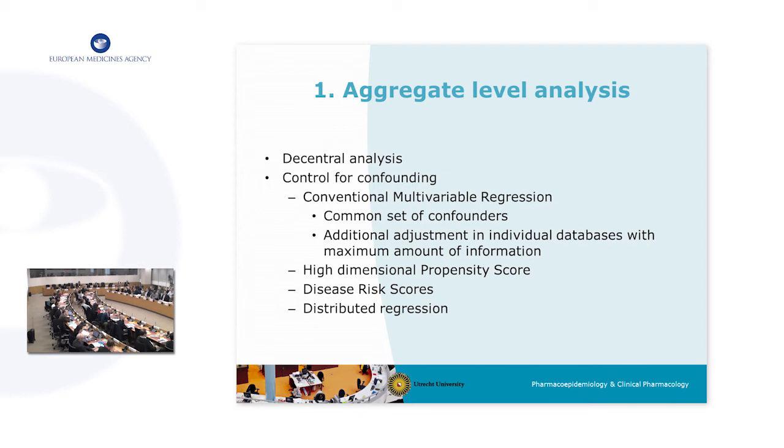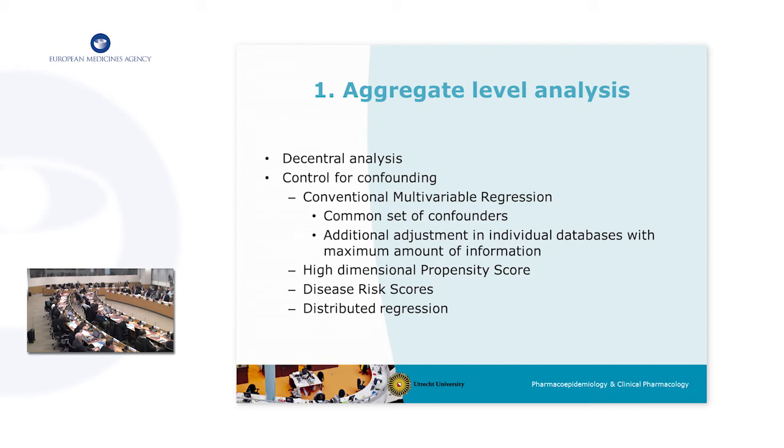So briefly go through the different types of analysis. If we use the aggregate level analysis, the analysis will be mainly decentral. So each data partner is doing their own analysis. And we have many different ways of controlling for confounding, the conventional ways. But I think also different techniques can be used, such as the high dimensional propensity score, which maximally uses information from individual databases to control for confounding.